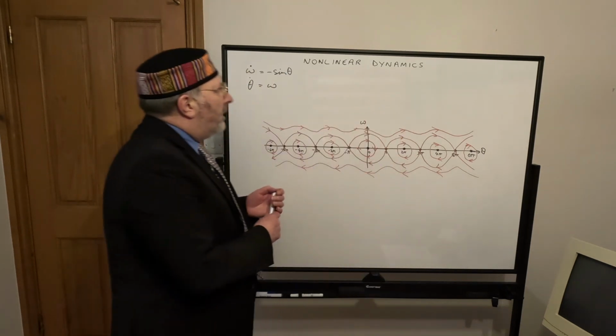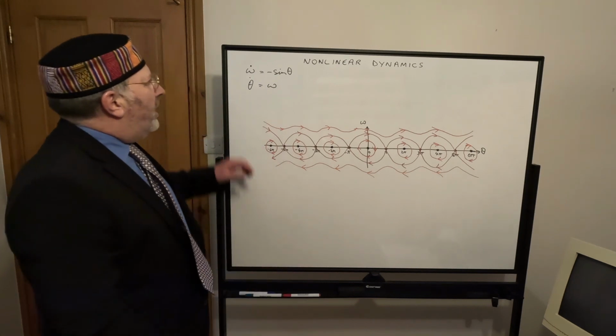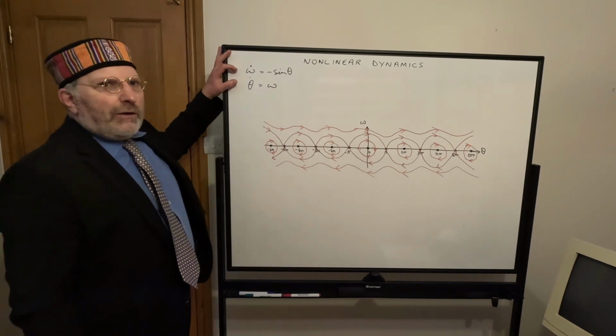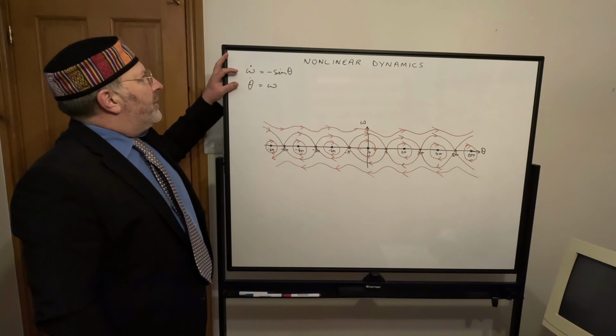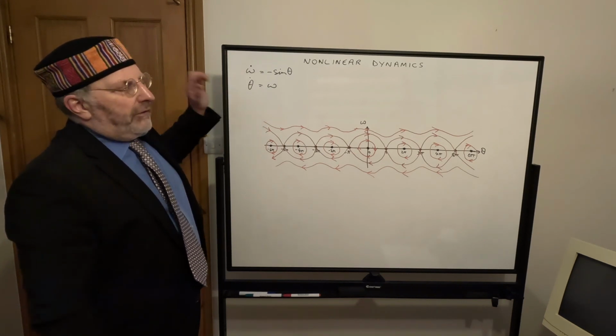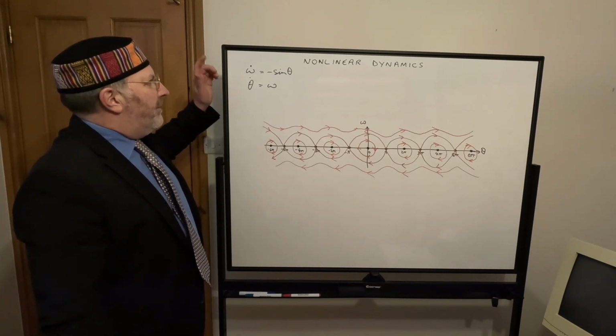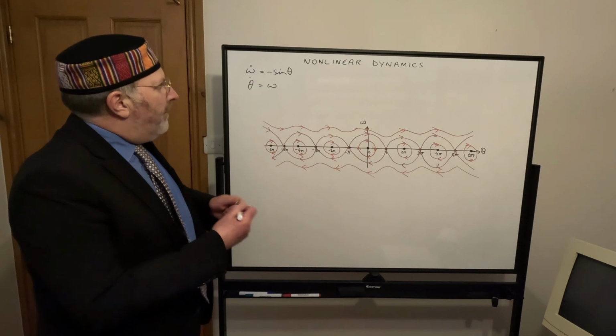But now you still might say, well, yes, but how are we going to get equations like this in socio-historical processes? Theta dot equals omega, okay, that's fair enough. It's just saying that one variable depends on another.